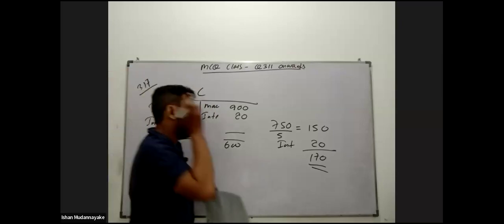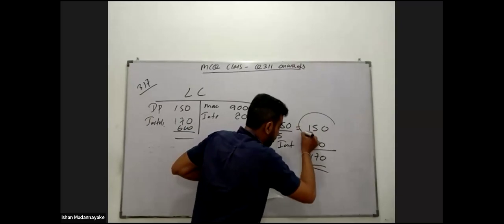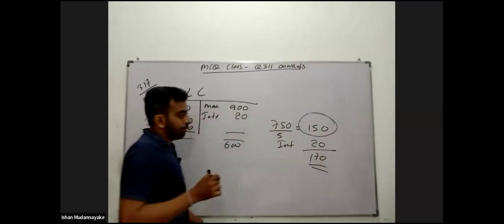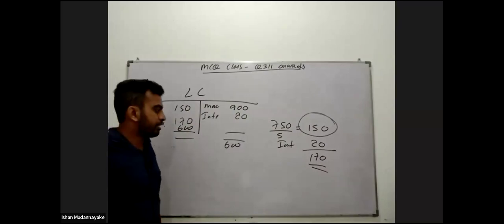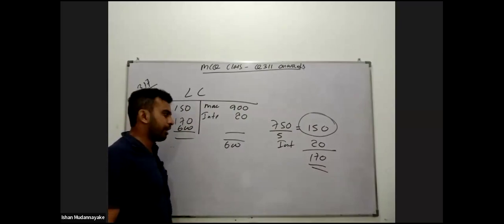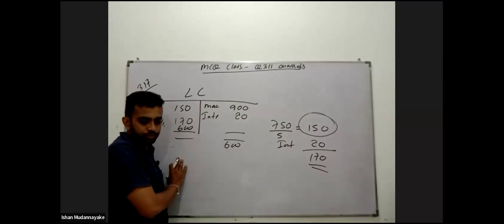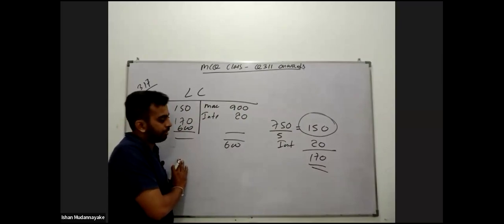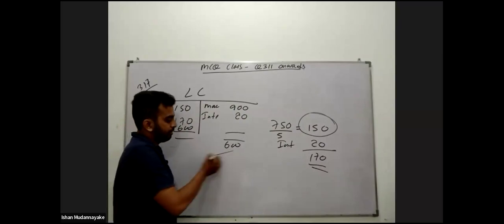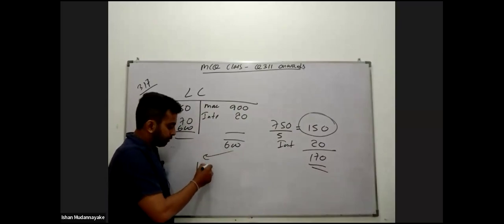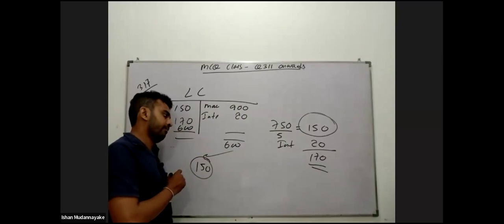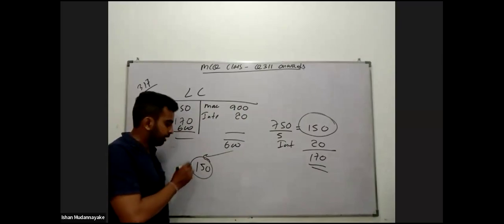Now, the annual capital payable amount is 150,000, the fixed amount. In the next financial year, the current liability is 150,000.